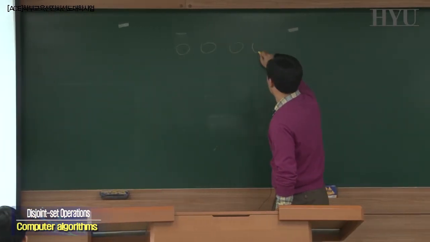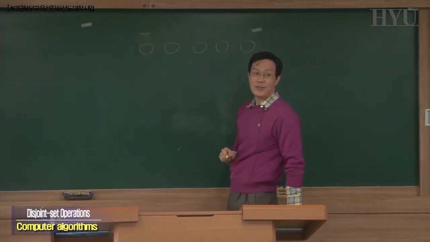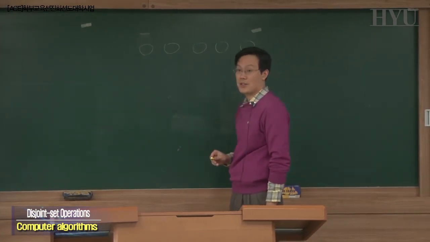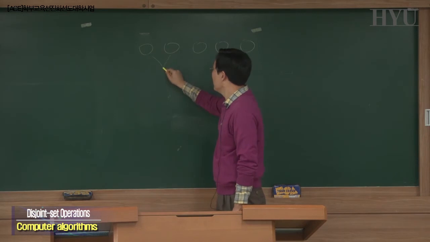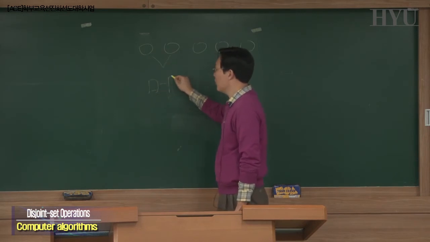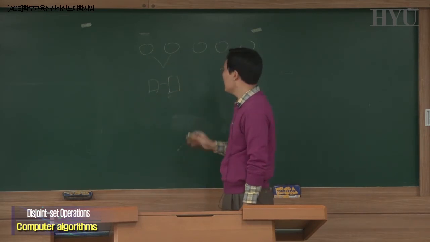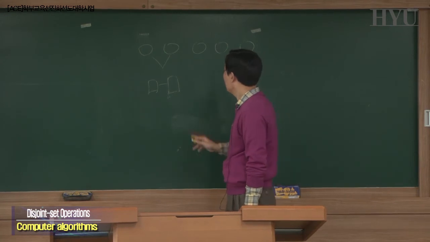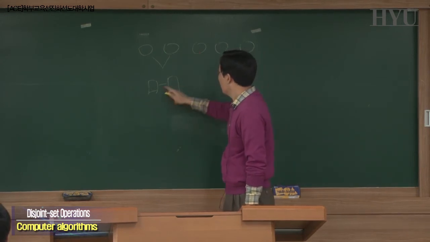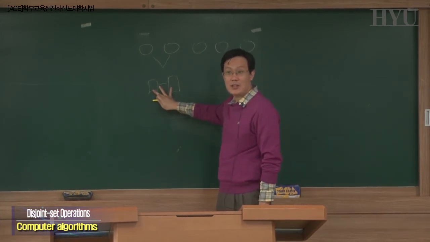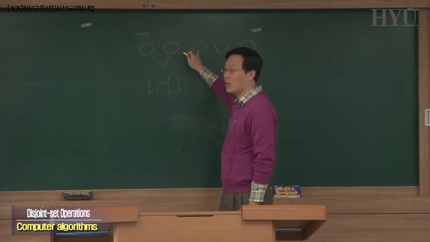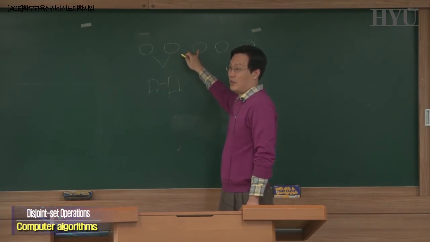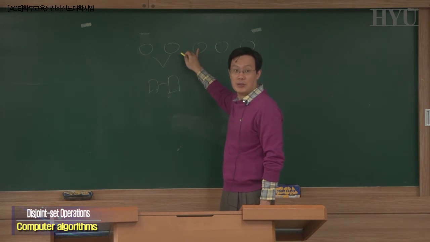Assume that there are 5 vertices. First, we merge these 2 vertices, and then we attach this list to a list with only one node.